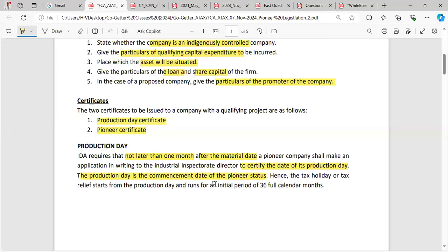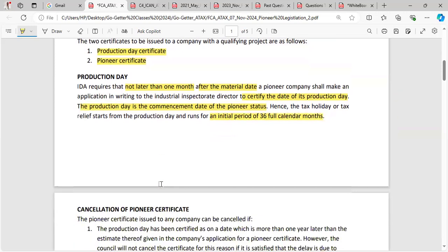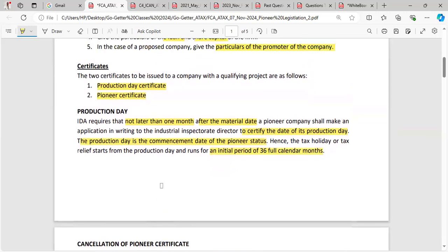So that is called an initial period. When they say an initial period, it means that you can have an additional period. So your first period will be 36 full calendar months. Then if the minister is satisfied, he can give you either an additional 12 months or an additional 24 months.